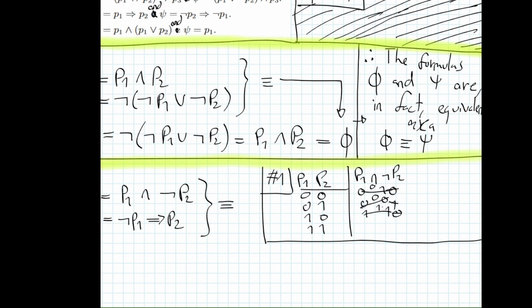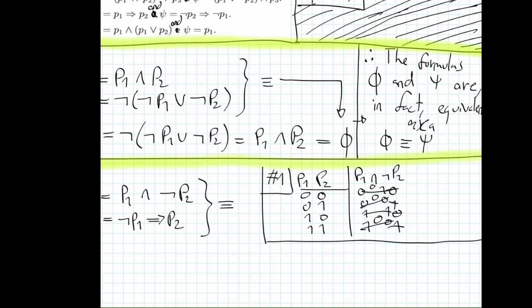This is a satisfactory case for this formula. And finally, for 1 and 1, this becomes 0 and the conjunction becomes 0.